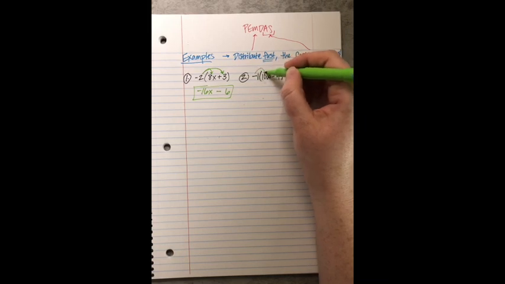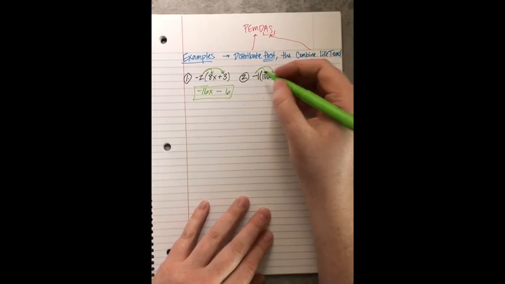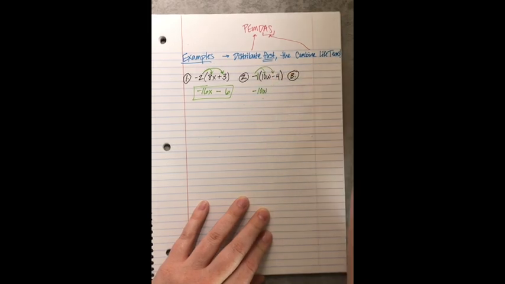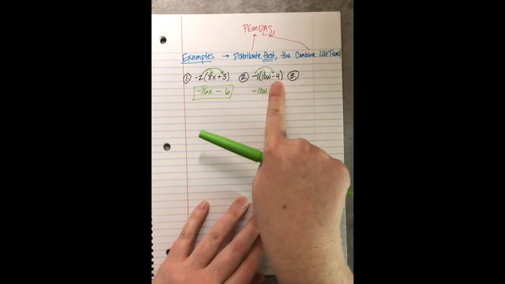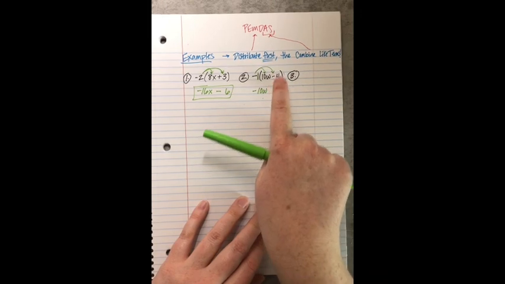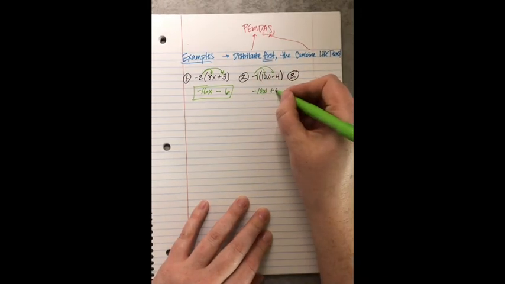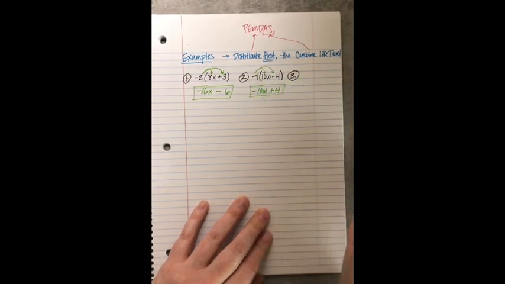So you're distributing a negative 1 to both of the terms on the inside. Negative 1 times 10w is negative 10w. Negative 1 times negative 4, got to keep that symbol in front of it, okay? Negative 1 times negative 4 is positive 4, so we write plus 4. These are not like terms, so I'm done.